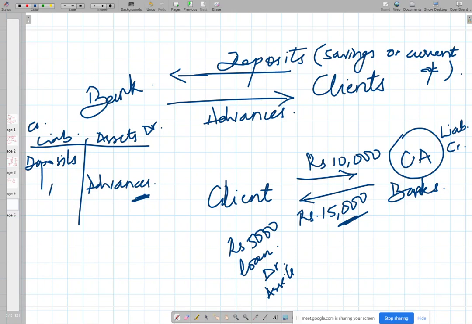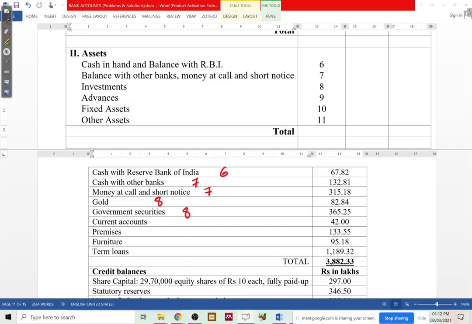So, you deposited 10,000, that became a liability for the bank, but you took 5,000 extra, that became an advance or an asset for the bank because they gave you that loan. Is this clear? So all current accounts which have this debit balance, we in other words call them overdraft. Whenever a current account is given with a debit balance, it's an overdraft, and overdrafts are treated like loans which go under advances. Is this clear?